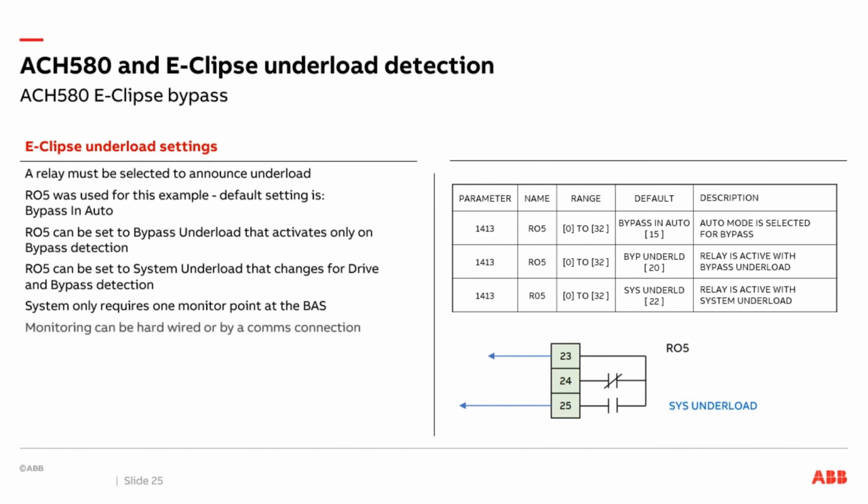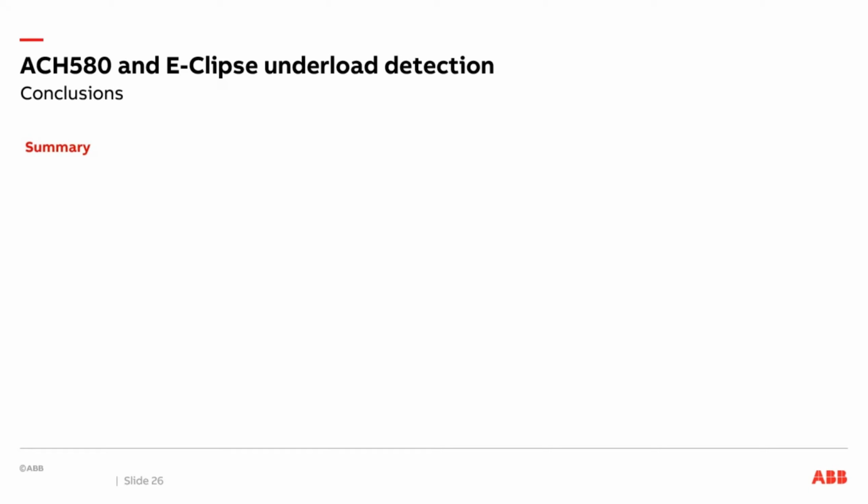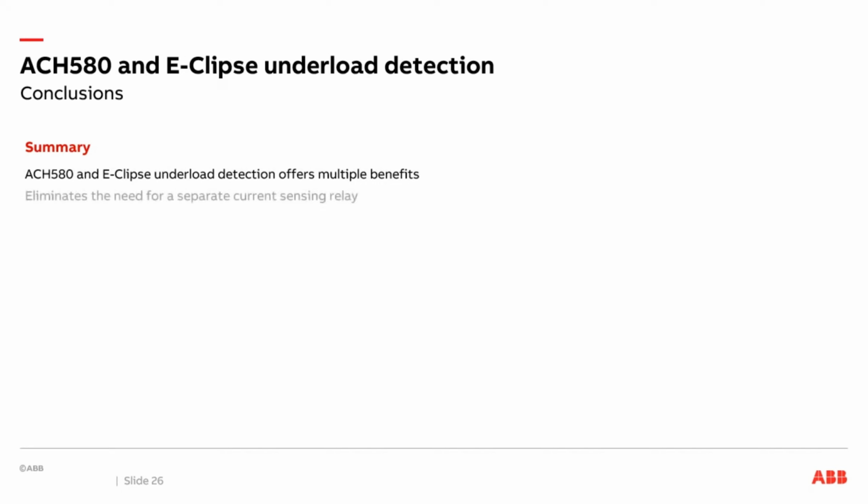Now that we've discussed underload detection in both the ACH580 and the 580 Eclipse, let's review what we've learned. Underload detection in both base drive and bypass has multiple benefits. These features eliminate the need for a separate current sensing relay. In drive mode, using torque provides a more accurate load profile.